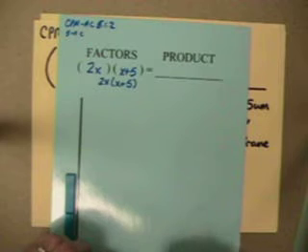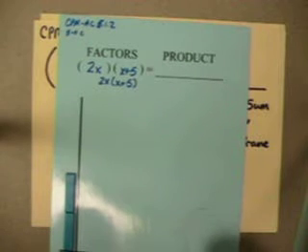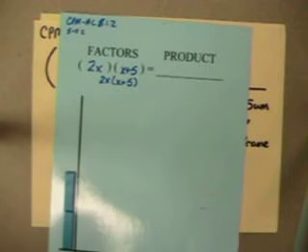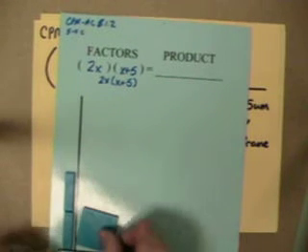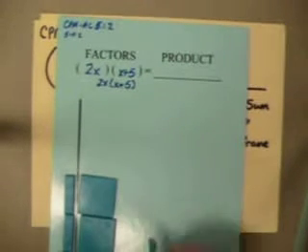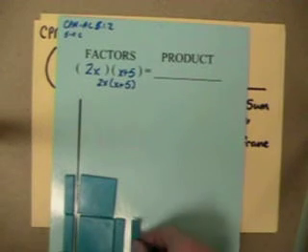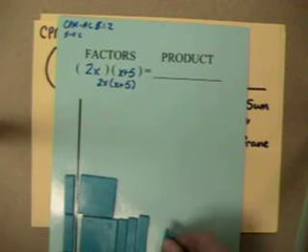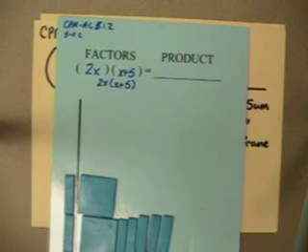Now, once again, I'm going to try to find the areas. And I know that x times x is an x squared. X times x is also x squared. X times 1s will be x's.